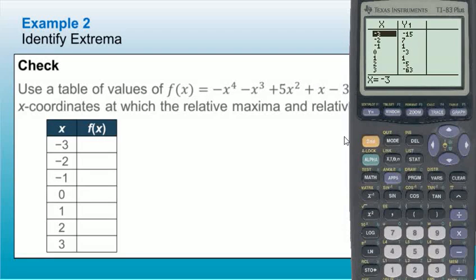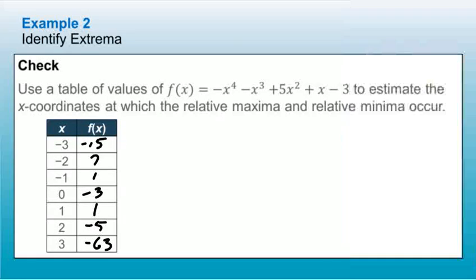I go second graph and fill this table in. So we got negative 15, we got 7, we got 1, negative 3, 1, negative 5, and negative 63. Now if I graph that, actually we can figure that out from here. See, there's a sign change here, there's a sign change here, sign change here. Then it keeps going.